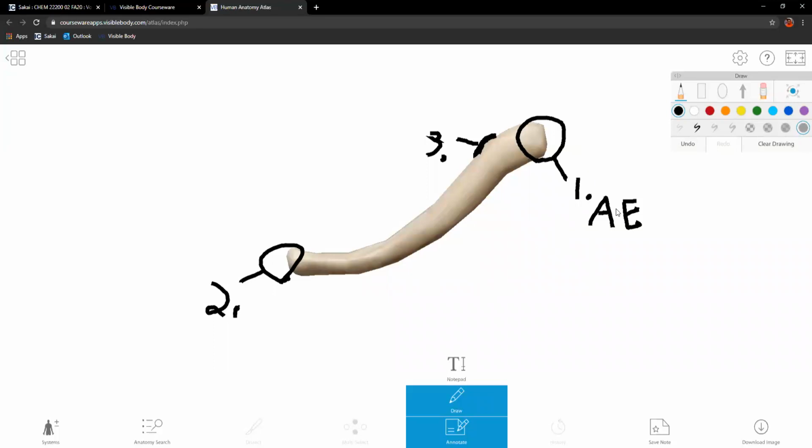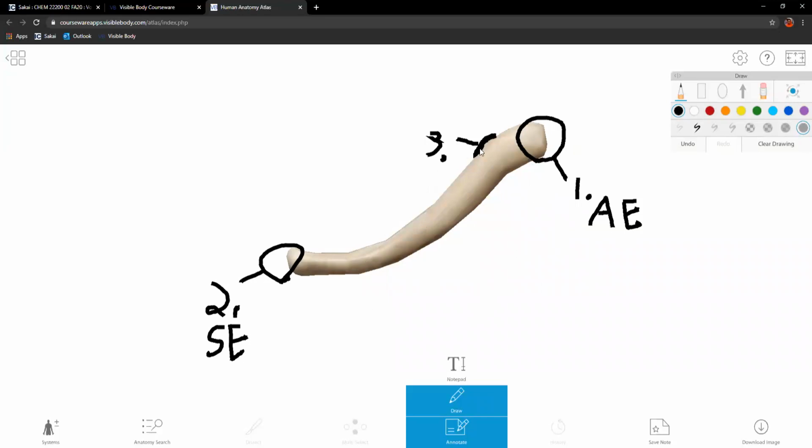Over here, this is going to attach up to our sternum, and this will be our sternal end. So each side is labeled based on the next bone that it attaches to. This side acromial end, this side sternal end.